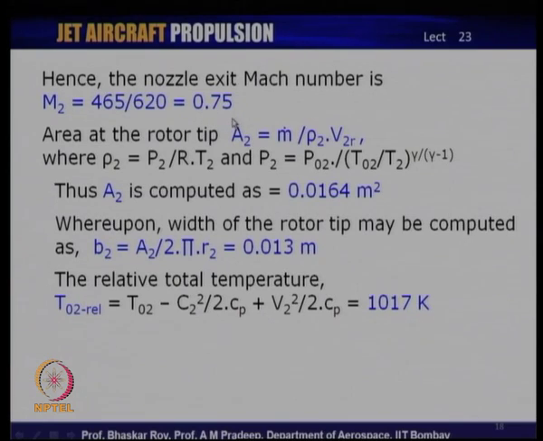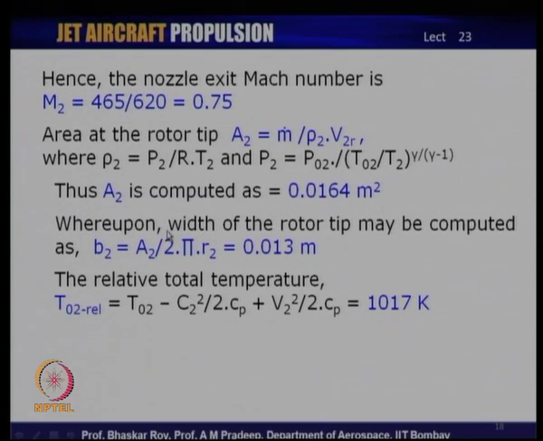So, as you see here, it is not sonic, it is still subsonic. The area at the rotor tip now can be found using the continuity condition, as we have always done before, and this comes out to be 0.0164. You have to find the local density and before that the local pressure. So, if you do that, you get this area at station 2.